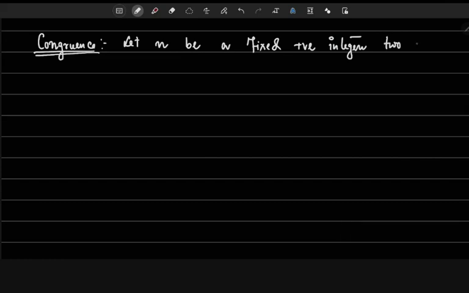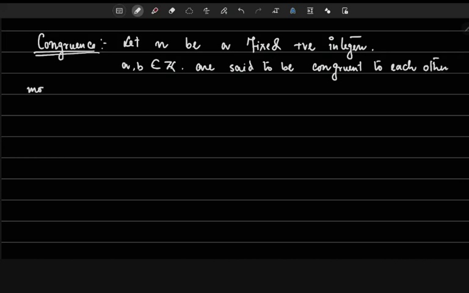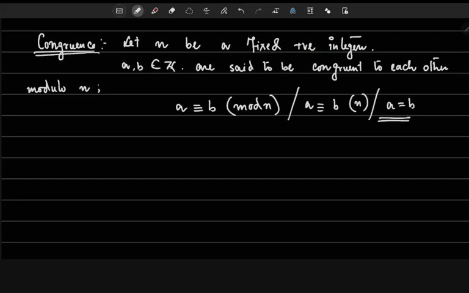Two integers a, b are said to be congruent to each other modulo n, symbolized by a is congruent to b mod n. Sometimes we write it like a ≡ b mod n. Sometimes we write it as a equal to b, though this is an abuse of notation, but sometimes people write like that.